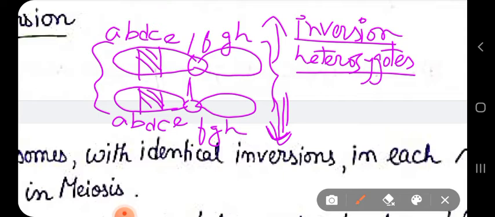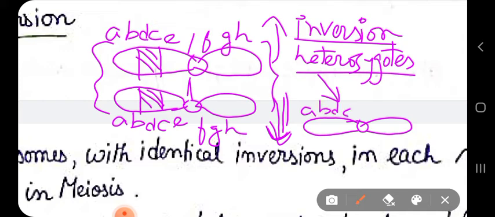This is the inversion heterozygote that I want to show you in the diagram: one chromosome will have the inverted segment, that is A, B, D, C, E, F, G, while the other chromosome from that homologous pair is normal, A, B, C, D, E, F, G.